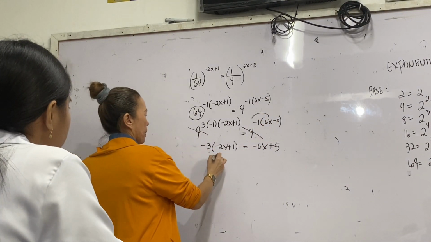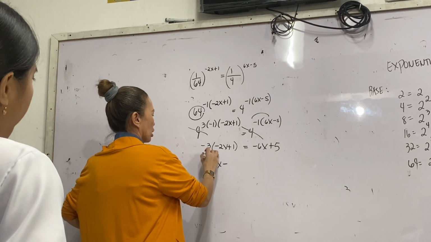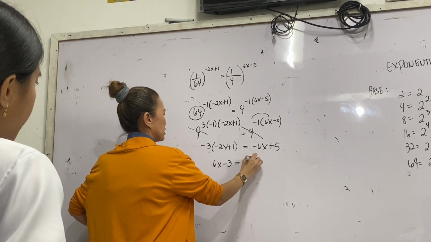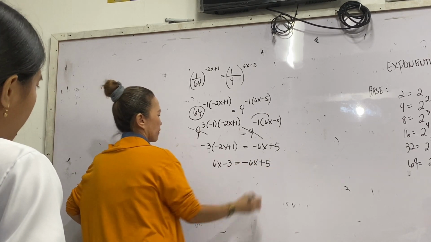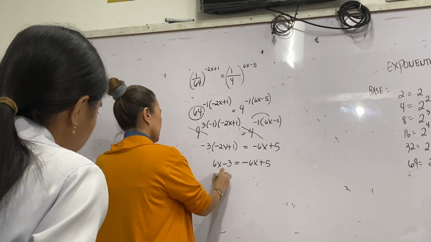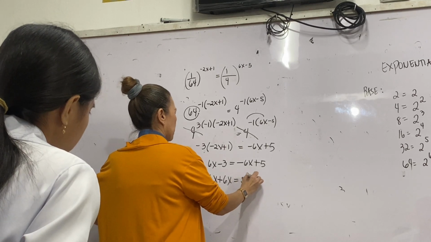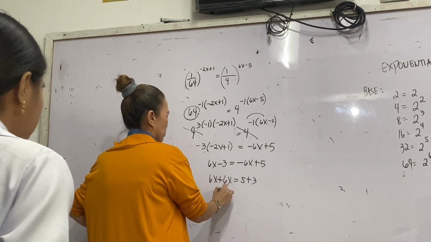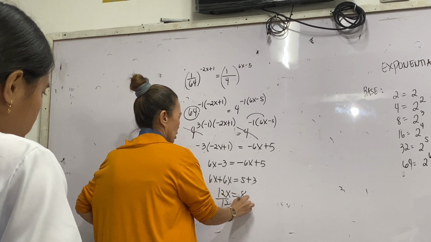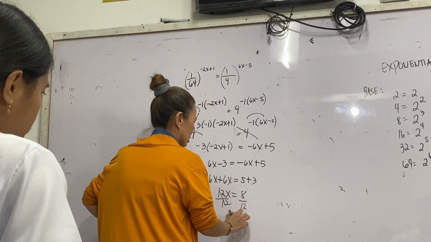Then we have positive 6x minus 3 is equal to negative 6x plus 5. So we have 6x plus 6x is 5 plus 3. So we have 12x is 8 divided by 12. So x is 2 over 3.